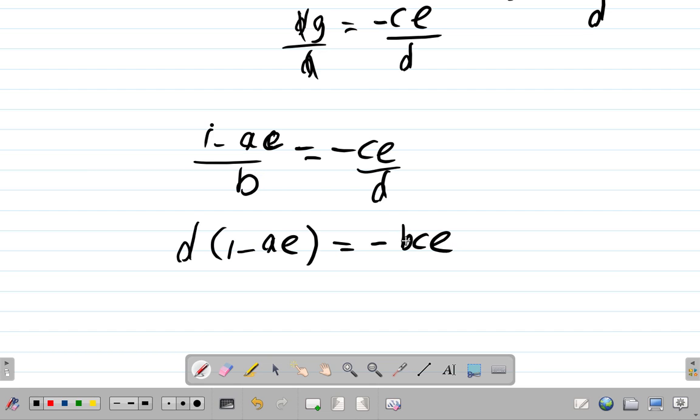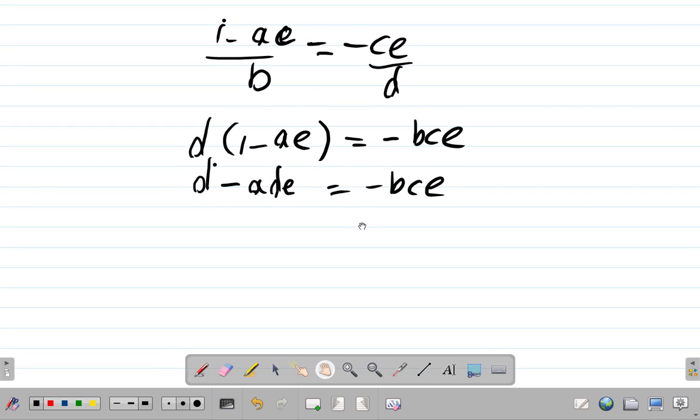But we did not put in all of those writings. Now, expand the bracket. We would have D minus ADE equals minus BCE.